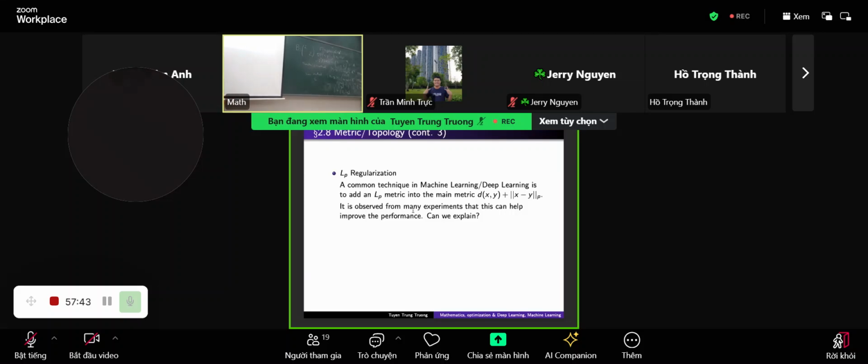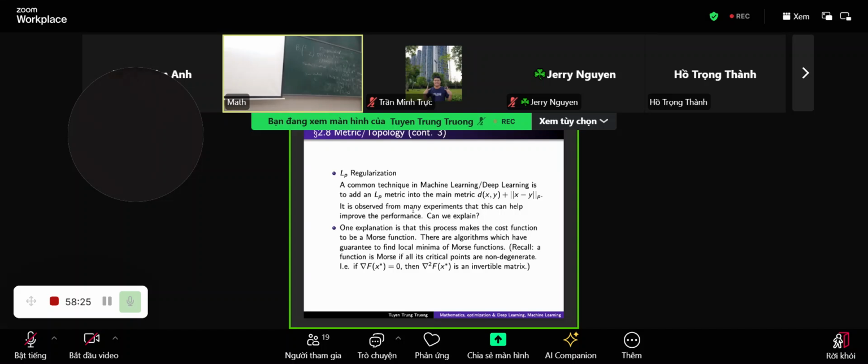A Morse function is a function such that every critical point is non-degenerate, which means that the Hessian matrix has no zero eigenvalue, and a consequence is that the set of critical points is discrete. So every critical point is isolated, and Morse functions are very useful and very important. If you perturb a little bit and you have a Morse function, doing optimization for a Morse function is usually easier.